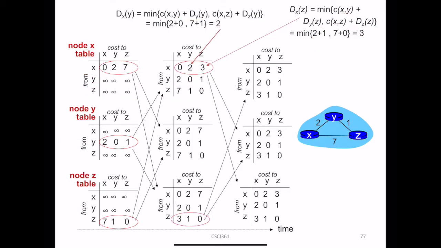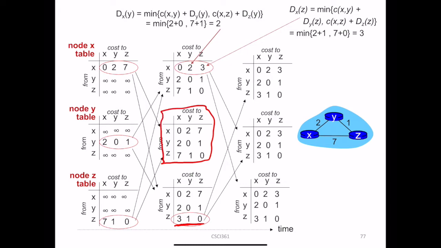The same thing will be done by node Y and node Z. After the calculation, node Z will update its distance vector here, but node Y doesn't get any change, so it will leave it as is.